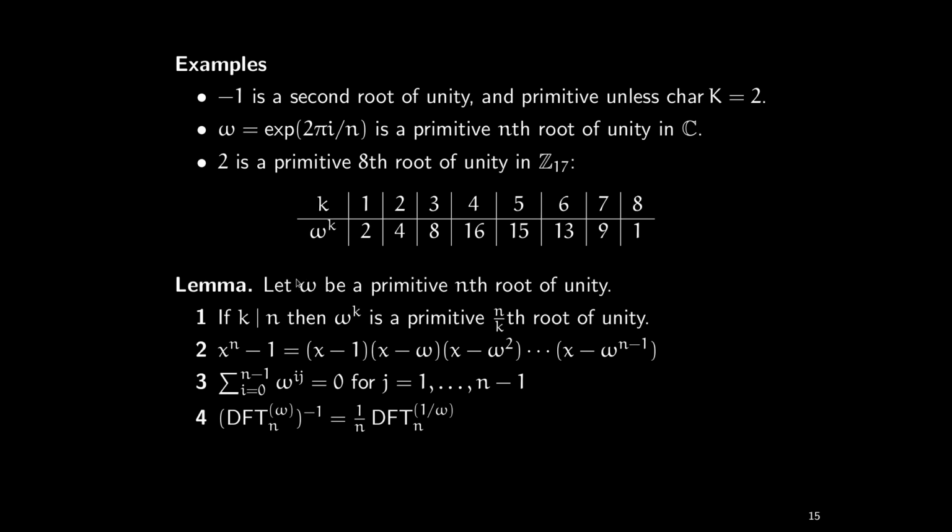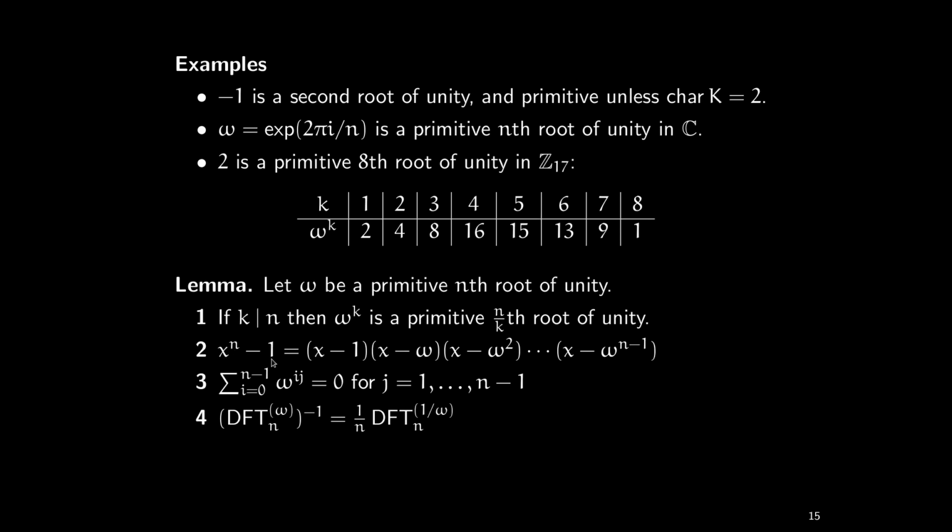Okay, so let's see what happens if omega is an nth root of unity. Now, one thing you can say is that omega to the k is also a root of unity, and it is a primitive n over kth root of unity. That's one thing. And the other thing is that if omega is a primitive nth root of unity, then the powers of omega, including the 0th power, which is 1, are exactly the pairwise distinct roots of the polynomial x to the n minus 1.